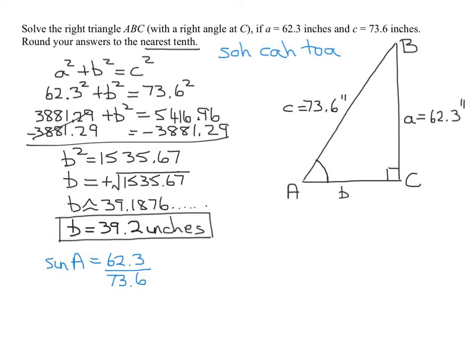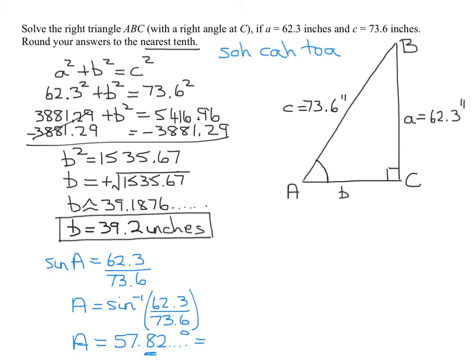So now, once I've got that, to find angle A, you have to use the inverse sine function. That is on most calculators, sine with a little -1 exponent, of 62.3 over 73.6. And when I did that on my calculator, make sure your calculator is in degree mode, I got 57.82... And remember, we're rounding to the nearest tenth, which is this position.